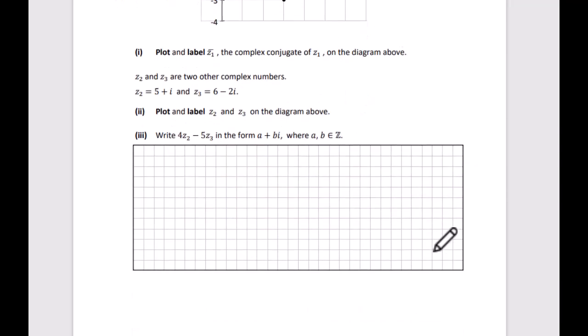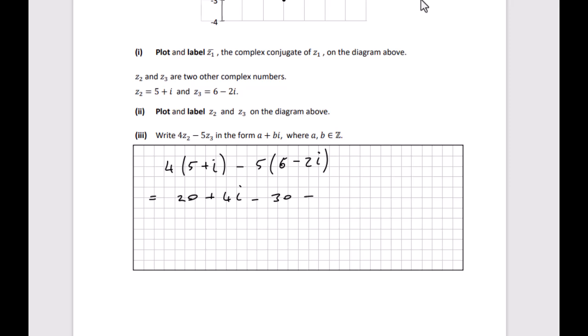Okay. Write 4Z2 minus 5Z3 in the form a plus bi. Okay, so we've got to do 4 times Z2. So Z2 is 5 plus i. And then we've got to do minus 5 times Z3. Well, Z3 is 6 minus 2i. Okay, so we got to multiply this out. So it's 4 5's 20 plus 4i minus 30.